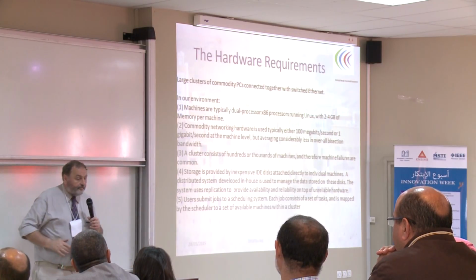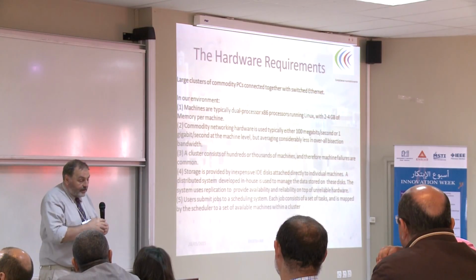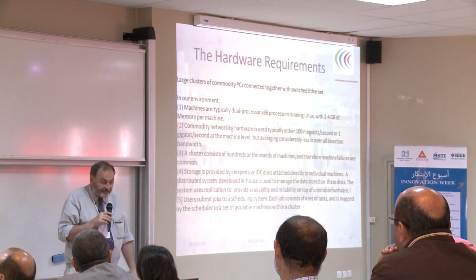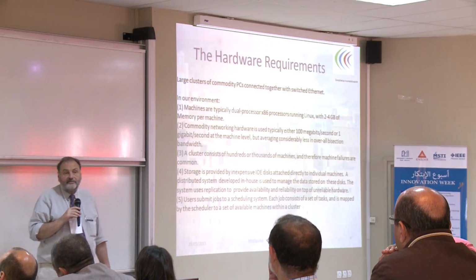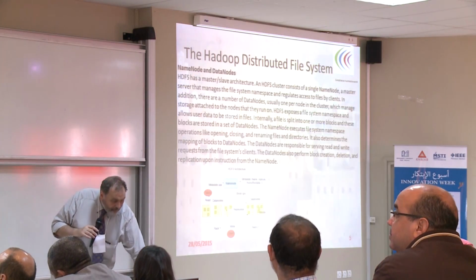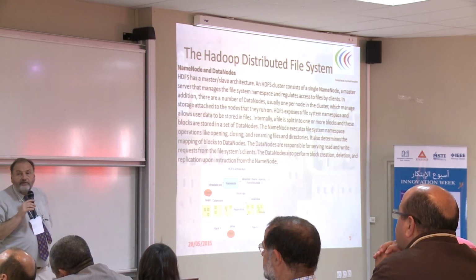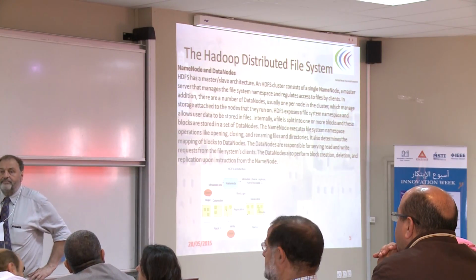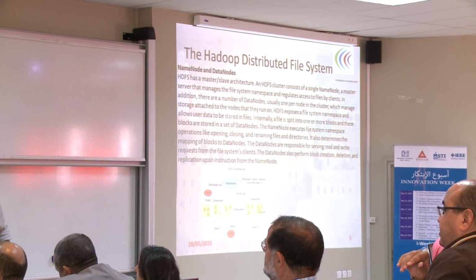So the hardware requirement, Google tells us they need a dual processor machine running a standard Intel processor, commodity. You basically just link all these machines together in a cluster. The Hadoop distributed file system, because you're using thousands of processors with cheap replicated hardware, you will get a failure rate.